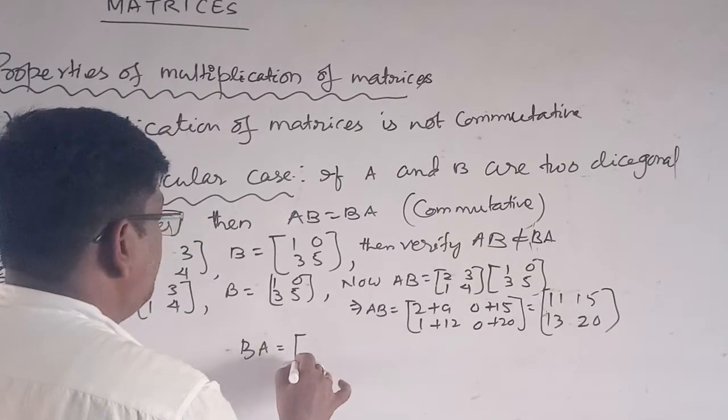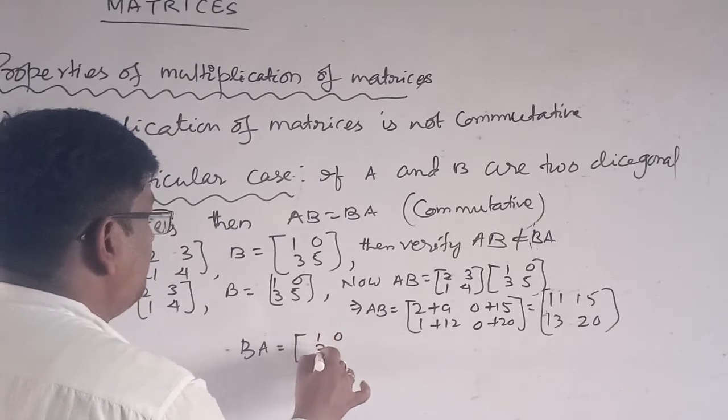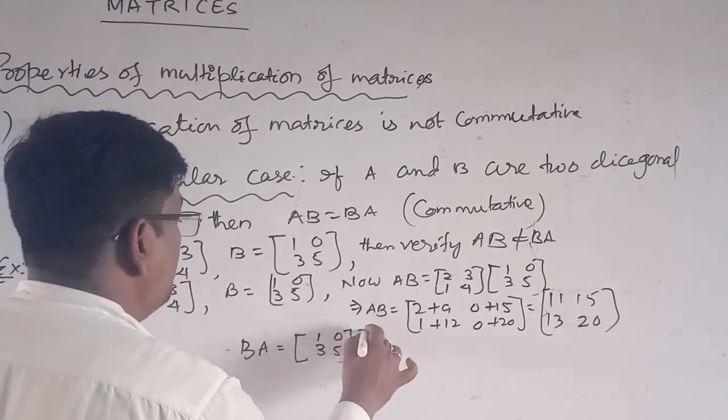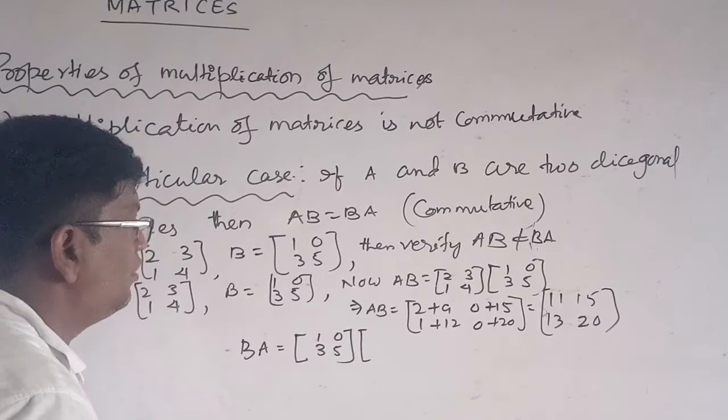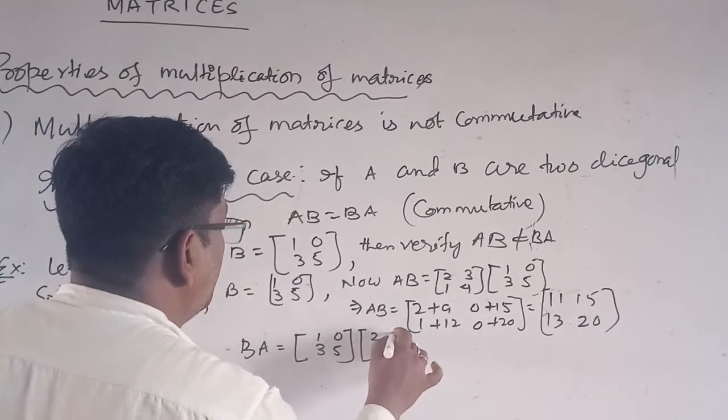Write first B, [1, 0; 3, 5] into [2, 3; 1, 4].